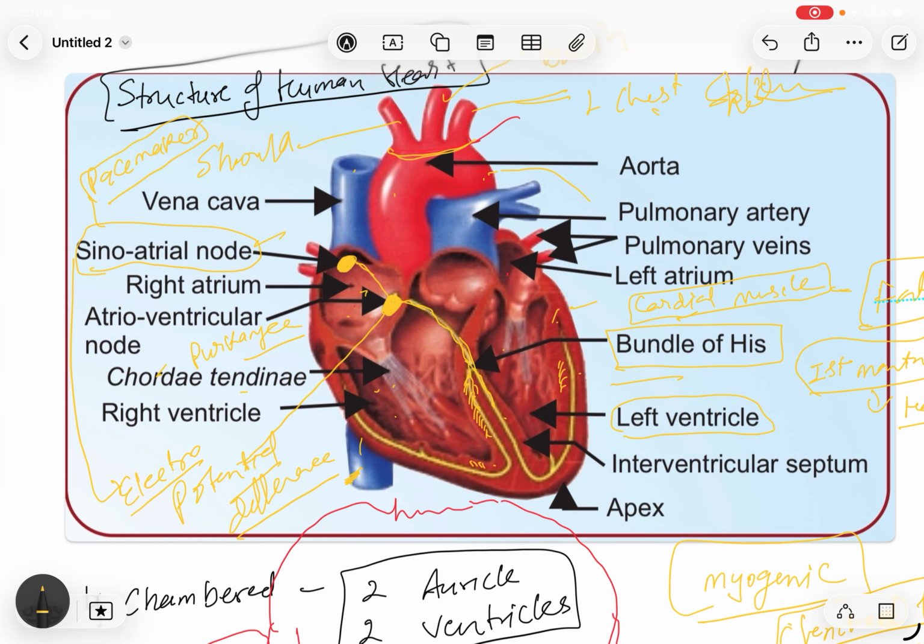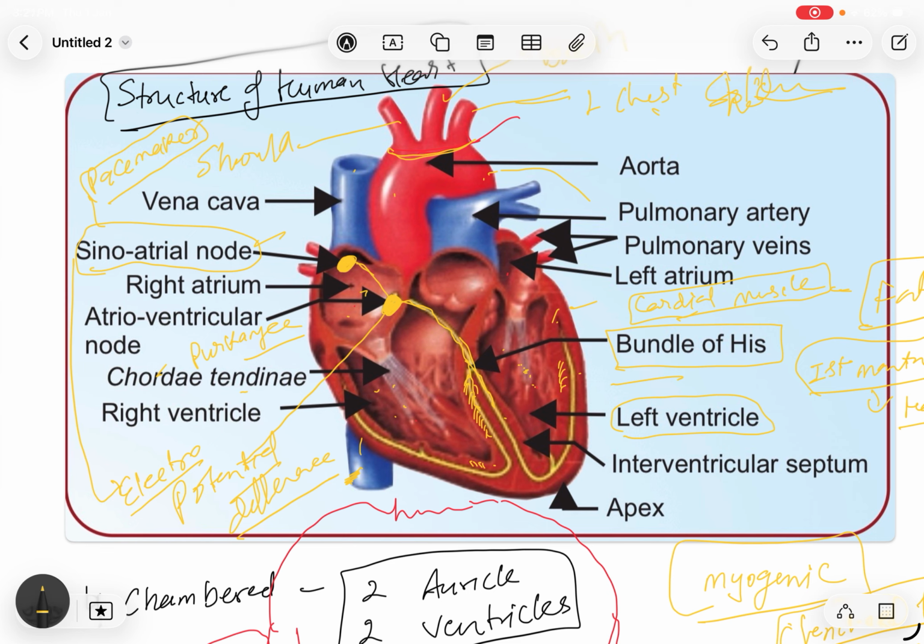And between the left auricle and left ventricle there is a valve with two flaps, that is known as the mitral valve. And the pulmonary artery originates from the right ventricle, and the aorta from the left ventricle, which are guarded by semi-lunar valves, which look like a half moon. That's why they are known as semi-lunar.